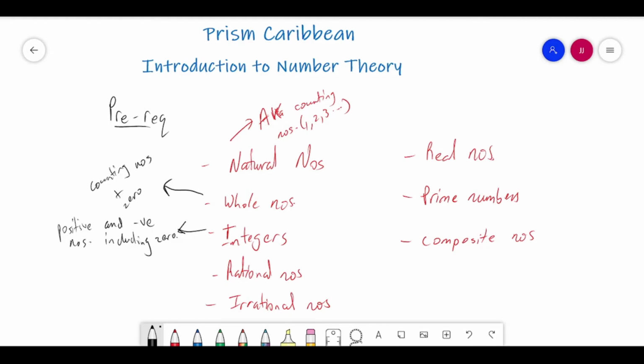We also have to know about rational numbers, right? So rational numbers are numbers that can be written in the form of a fraction, and it can also include positive and negative fractions. So positive, negative, numerator over denominator.